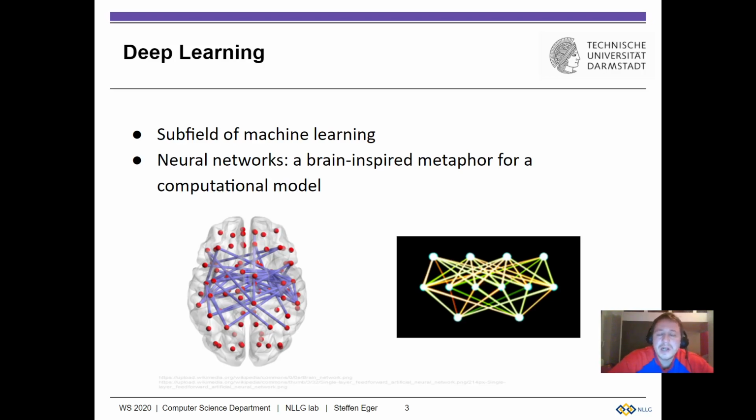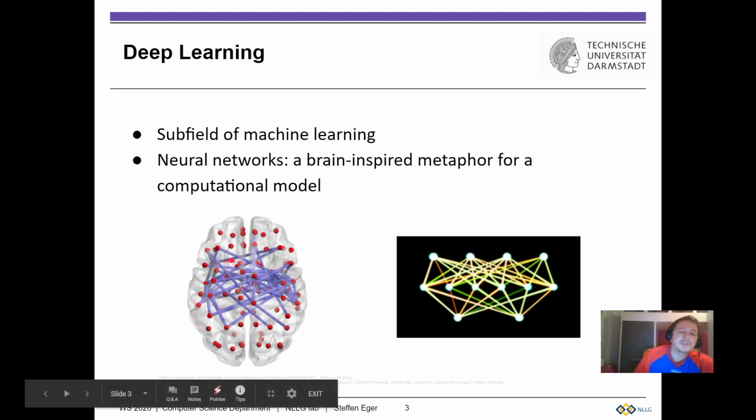And neural networks are a computational model that is inspired by the workings of the brain, as you see in this picture illustrated down here.